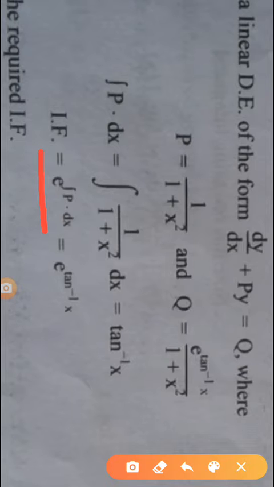First we find the value of integration P dx, which becomes tan⁻¹x. Therefore e raised to integration P dx is e^(tan⁻¹x), and that is the integrating factor. In this manner we can find the integrating factor of any linear differential equation.